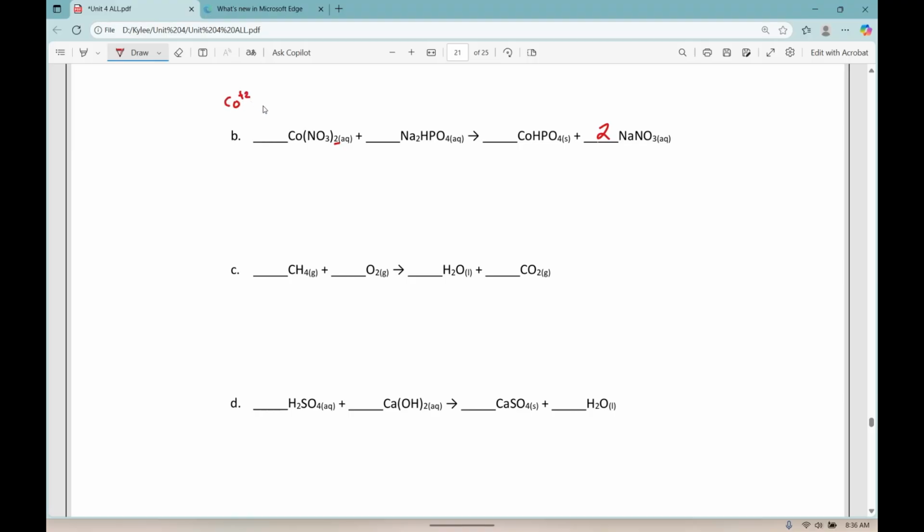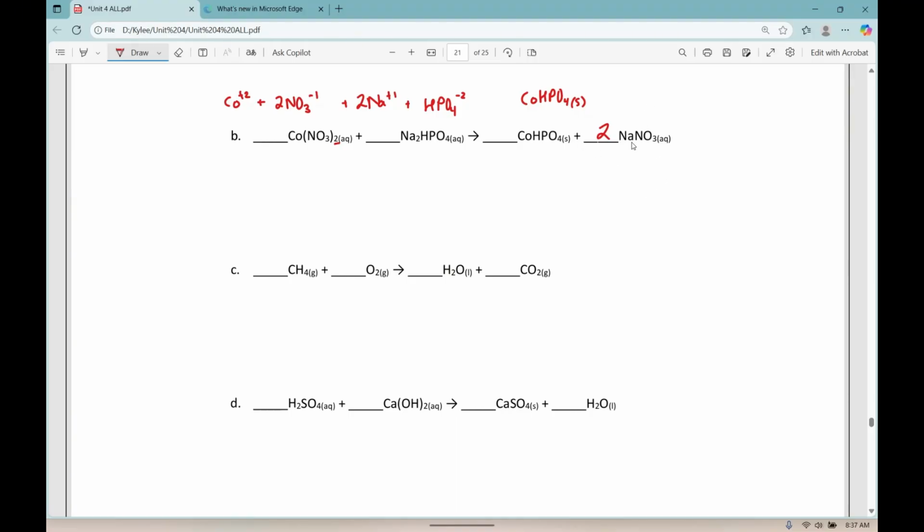So cobalt +2, and then I have 2 nitrates, and then I have 2 sodiums, and then HPO4 is a polyatomic ion, and it's going to have a -2 charge. And then I cannot break apart my solid, so that has to stay as CoHPO4 solid.